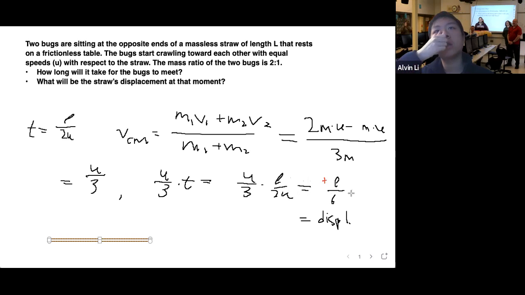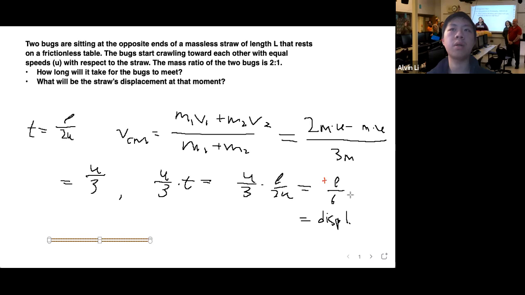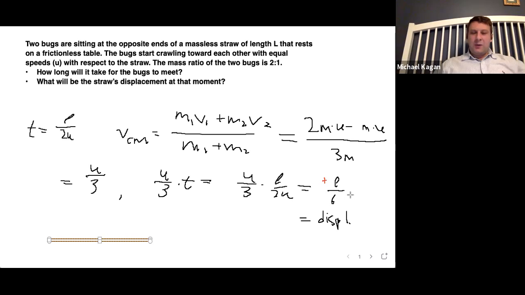Oh, but then you could just say the displacement of... wait, sorry. Yeah, you can add the velocity of the straw to each velocity, right? To each the velocity of the bug in the lab frame. Yeah, but what's the straw velocity?